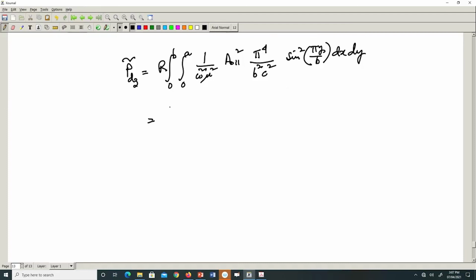And that is equal to R 1 by omega square mu square a 0 1 1 square a pi to the power 4 by 2 b c square. And the same power will be dissipated at z equal to c.